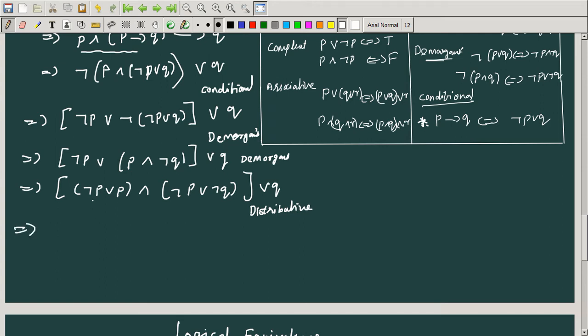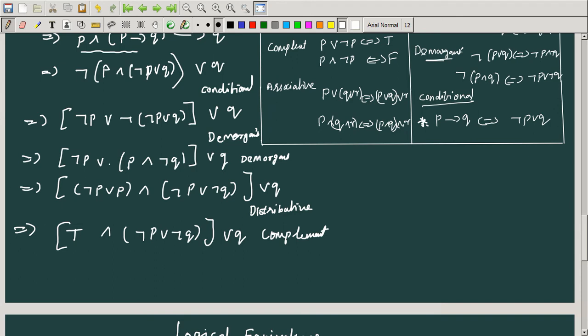P or negation P is true by the complement law, and the other part is negation P or negation Q, or Q. Here we apply the complement law. What is P or negation P? It is true.